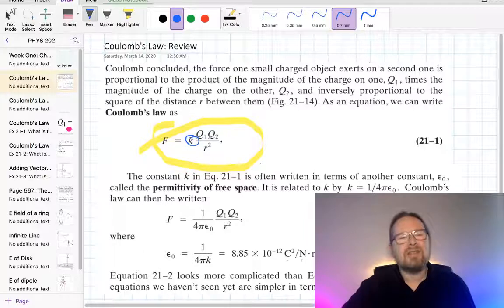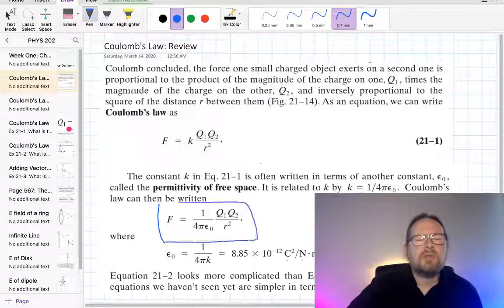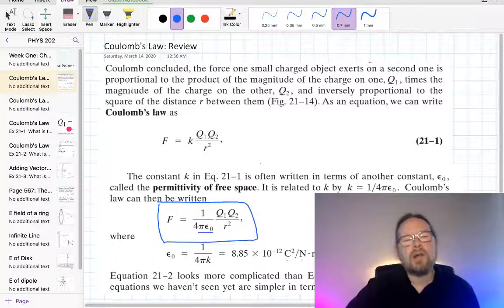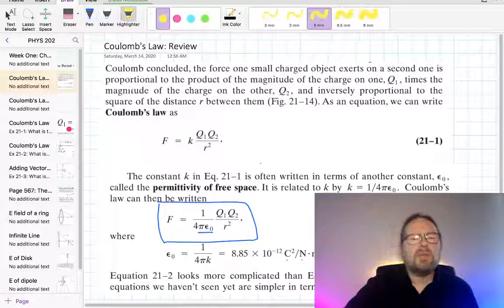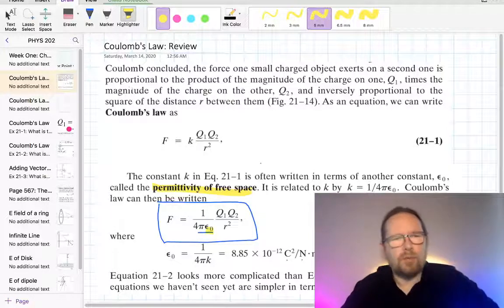This actually isn't the version of Coulomb's law that we usually see in an advanced physics class. We usually see this version of Coulomb's law that's written in terms of this other constant called the permittivity of free space, or epsilon zero, or sometimes epsilon naught is the way a lot of physicists will say it, naught being an old British term for the number zero.